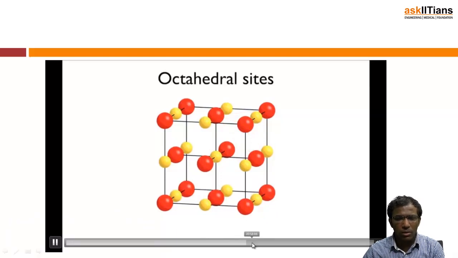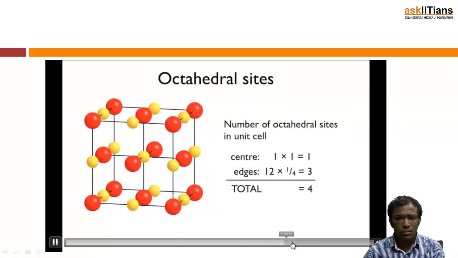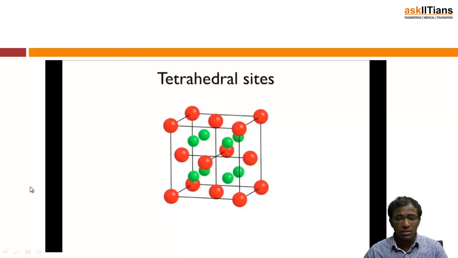And let's go to the tetrahedral voids, or tetrahedral sites. As I already told you, you can divide this big cube into 8 small cubes, and each cube has a tetrahedral site at the center of it.